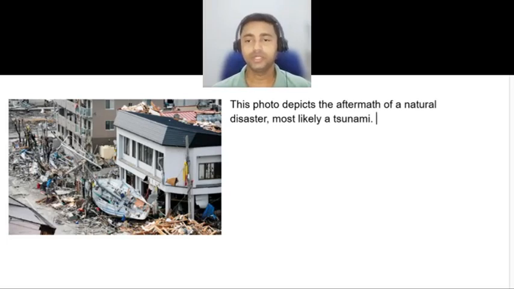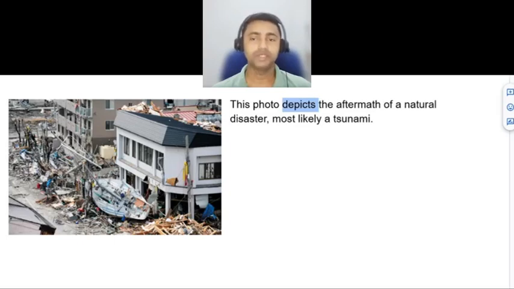This photo depicts the aftermath. Aftermath means once a natural disaster has happened, what is left behind? That is what is meant by aftermath. Here you can see the impact of the natural disaster. So rather than saying shows, you can use the word depicts.